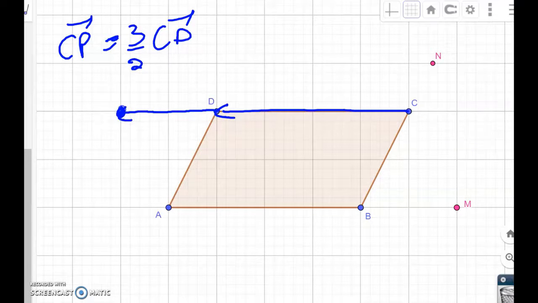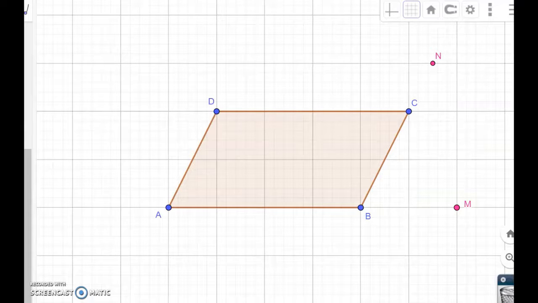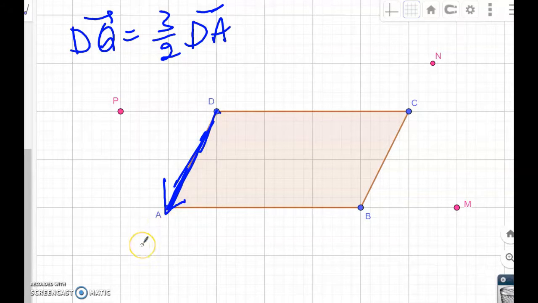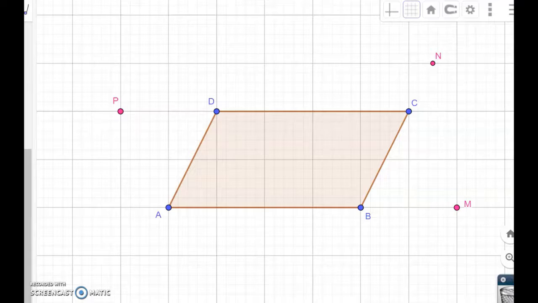So this is point P. And finally, we have point Q, defined by DQ equals 3 over 2 DA. So this is vector DA. By the same argument, Q should be on this side, so it should be somewhere here, such that the length of DQ is 1.5 times that of DA. So this means that Q will be here.